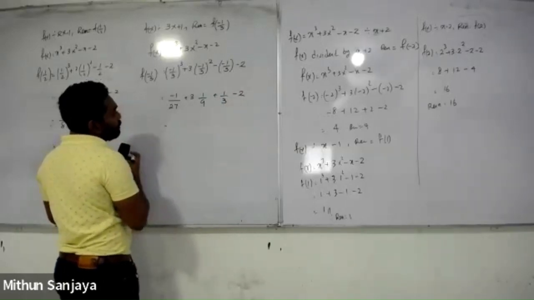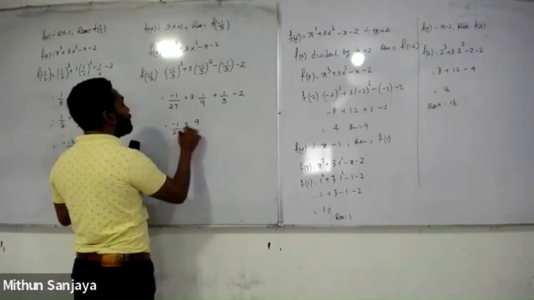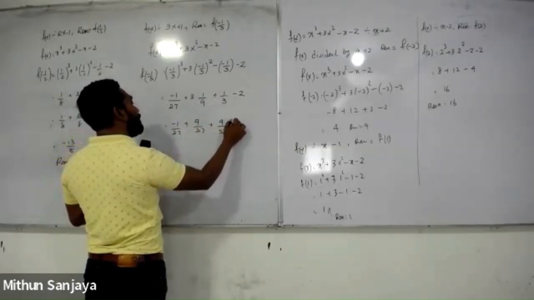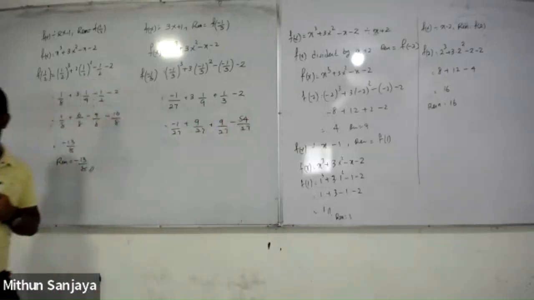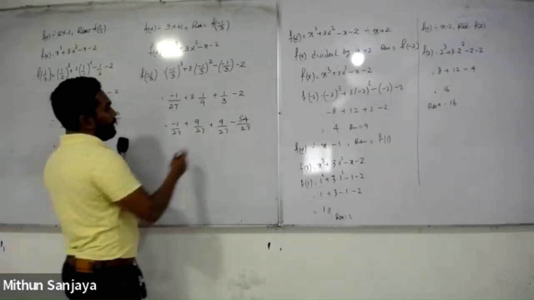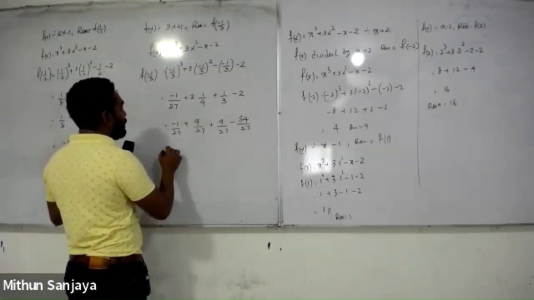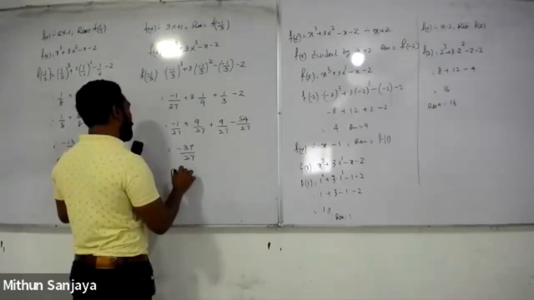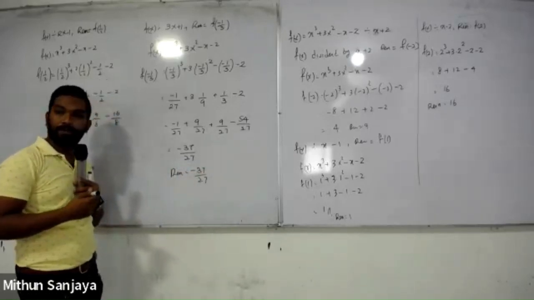The common denominator is 27: minus 1 plus 9 plus 9 minus 54 over 27. The remainder equals minus 37 over 27.